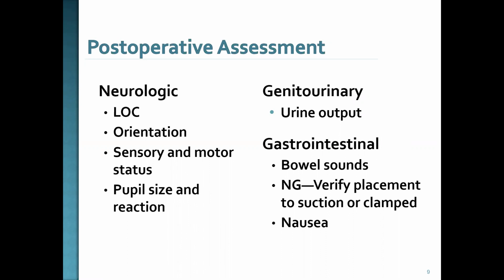Continuing the assessment, we want to do a neurological assessment focusing on the level of consciousness, the patient's orientation, sensory and motor status, and again, the pupils. Hearing is the first sense to return, so be sure to explain all activities to your patient. For regional anesthesia, such as spinal and epidurals, sensory and motor blockade may still be present.